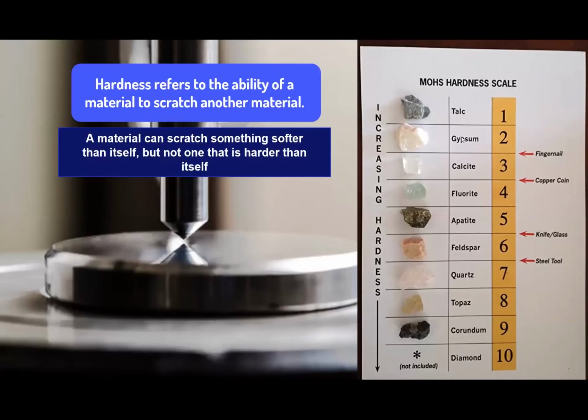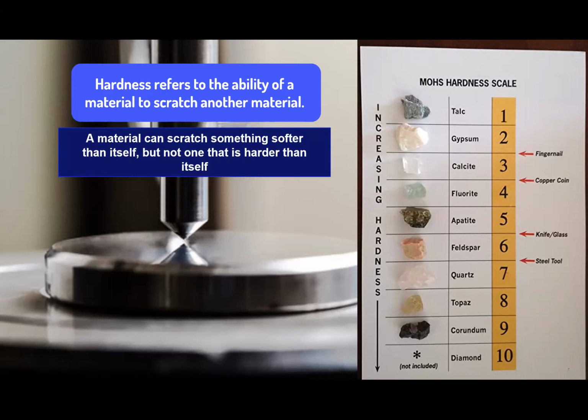Next property, we look at hardness. Hardness refers to the ability of a material to scratch another material. A material can scratch something softer than itself, but not one that is harder than itself. We look at hardness scales from 1 to 10, 1 being the softest, 10 being the hardest.